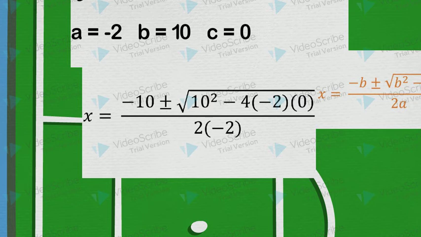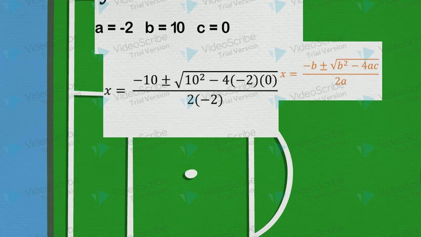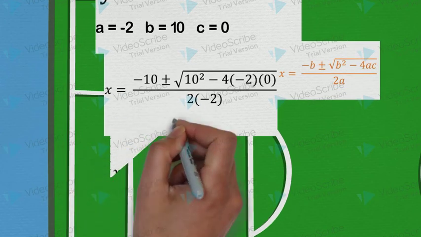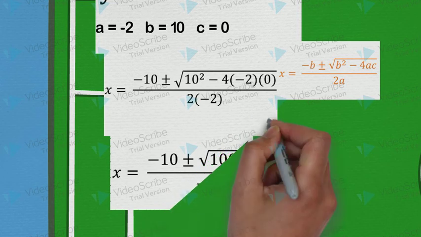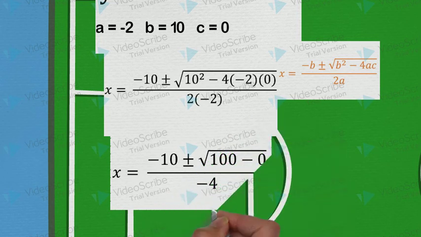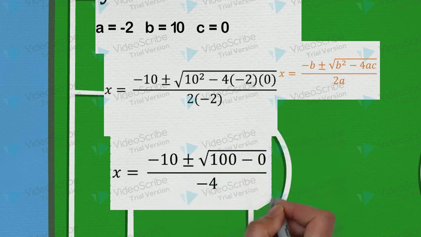So you should have, for the quadratic formula, negative 10 plus or minus the square root of 10 squared minus 4 times negative 2 times 0 all over 2 times negative 2. Take a few seconds and try and simplify under the radical sign.